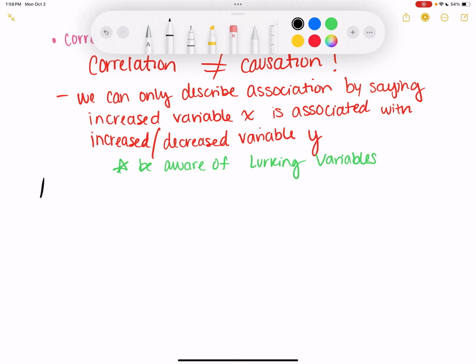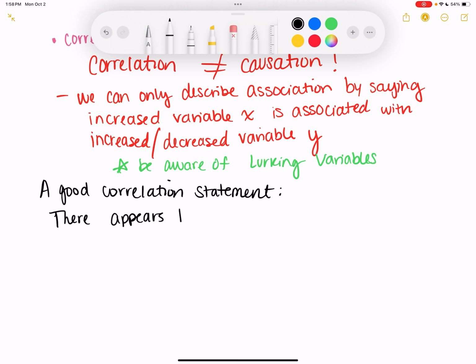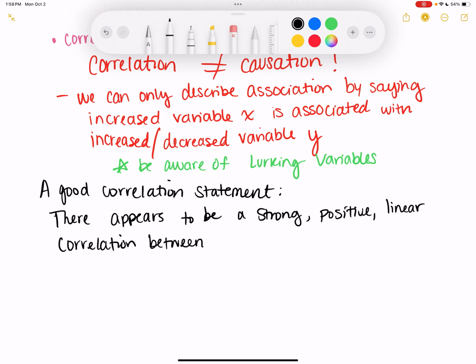All right, so an example of a good correlation statement. There appears to be a strong positive linear correlation between hours studied and test scores.